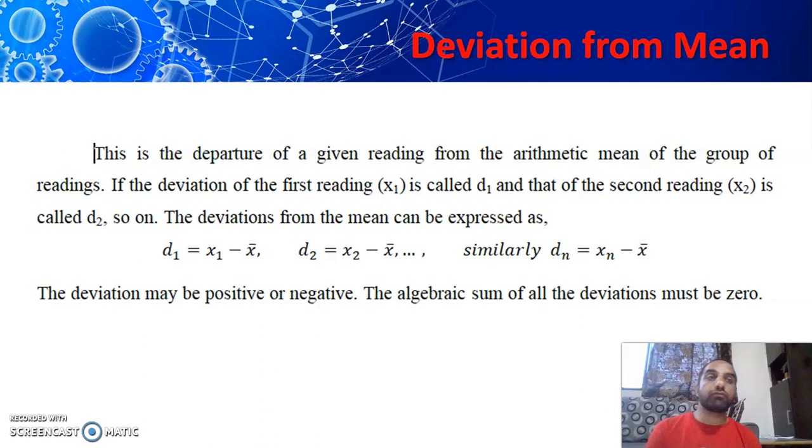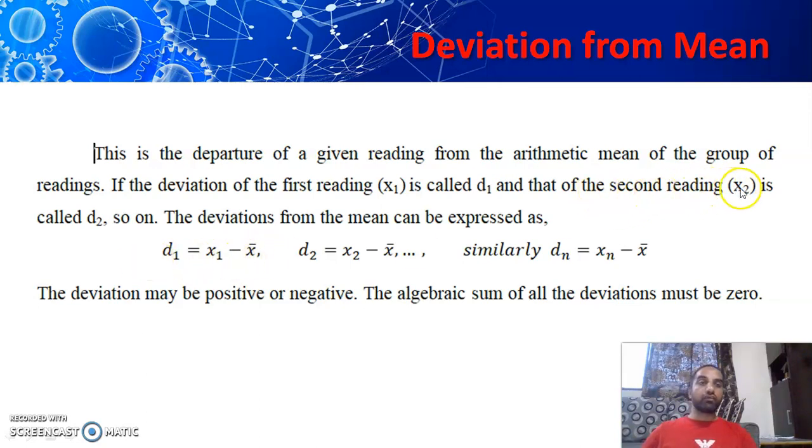Now, deviation from the mean. This is the departure of a given reading from the average value, that is, the arithmetic mean of a group of readings. If we want to find the deviation of a particular reading from that mean, for example for the first reading x1, the deviation is denoted by d1, and d1 is equal to x1 minus x bar.